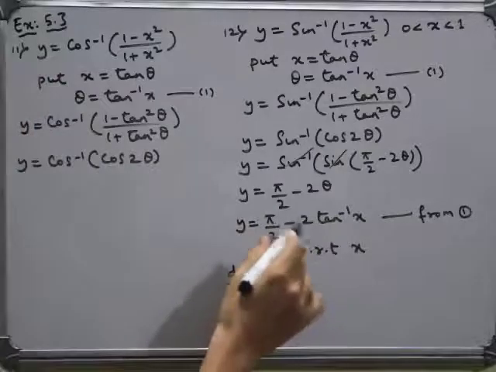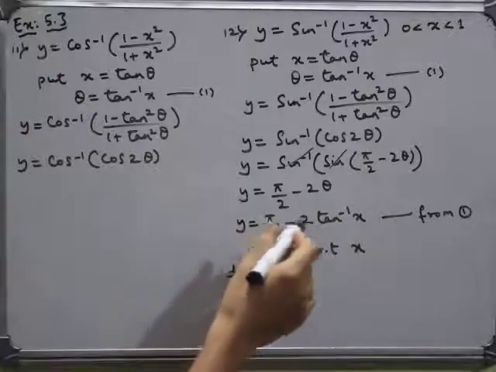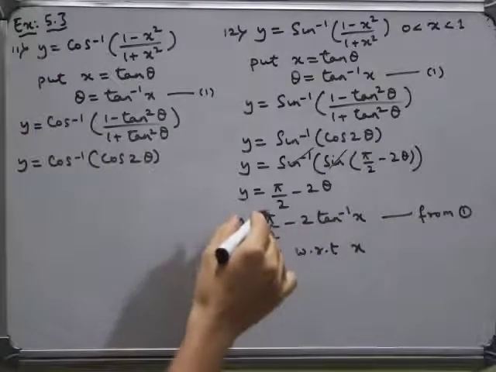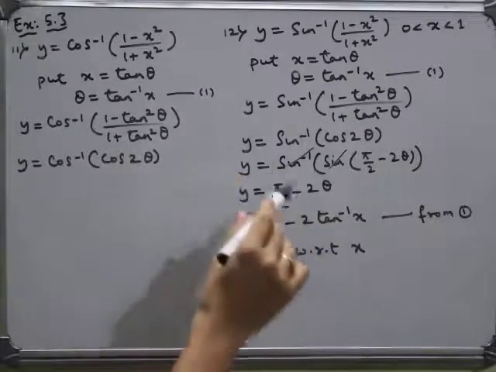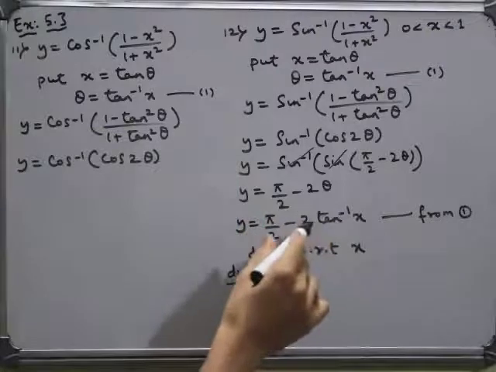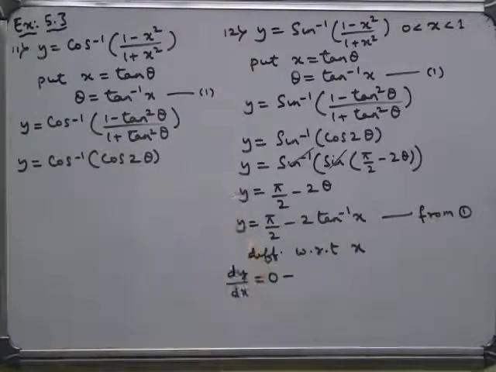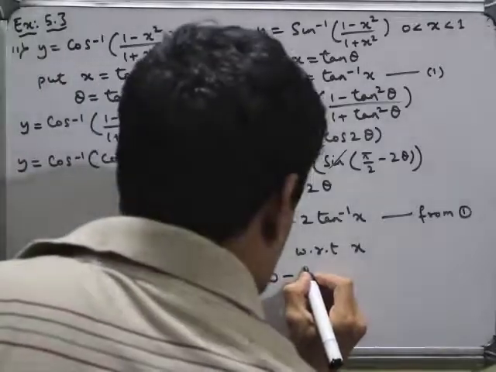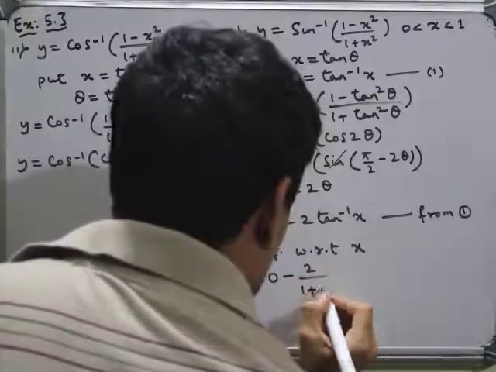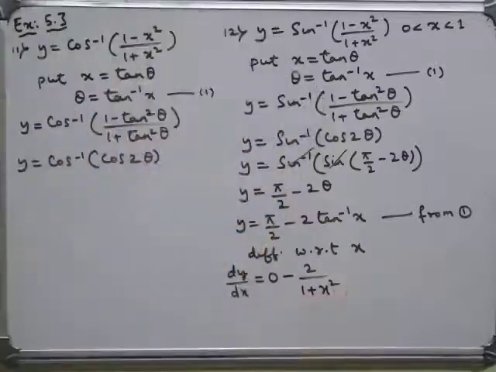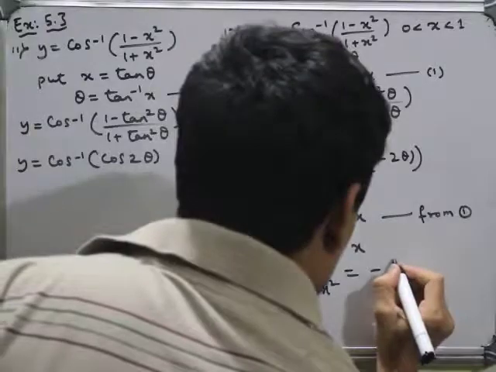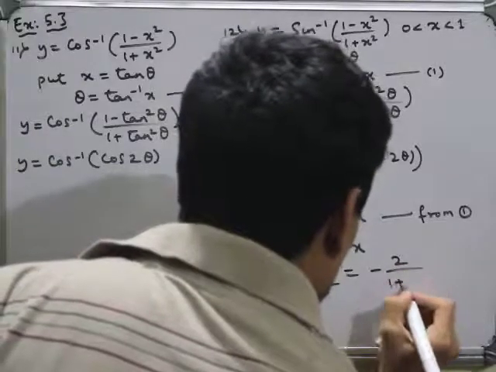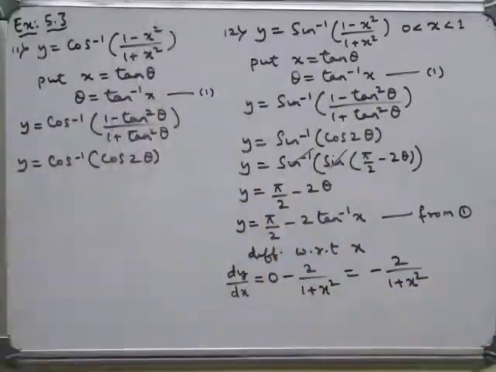Again I can explain the difference. If you have only a constant, differentiation of constant will be 0. If the constant is with a function, the differentiation of this will be constant into differentiation of function. So we can write it like this: 0 minus 2 by 1 plus x square. So your final answer will be dy by dx equal to minus 2 divided by 1 plus x square.